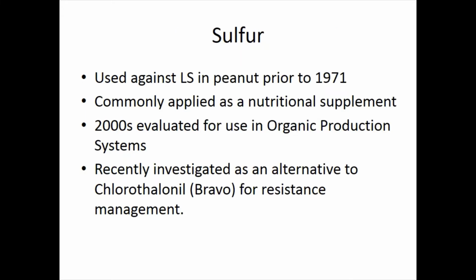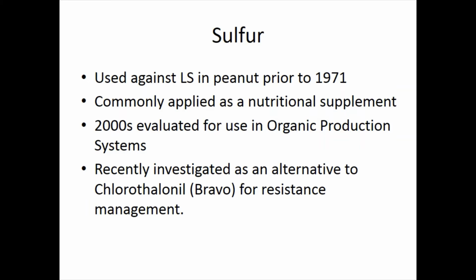There is another protectant fungicide that has a history of use in peanut, and this is elemental sulfur. In fact, this fungicide was the predominant fungicide used prior to 1971 when chlorothalonil was introduced. Nowadays, sulfur isn't used a lot, but when it is used in a peanut field, it's typically used as a nutritional supplement.